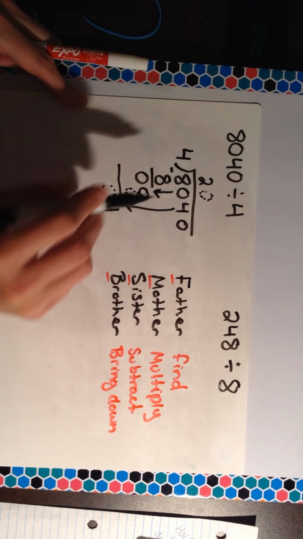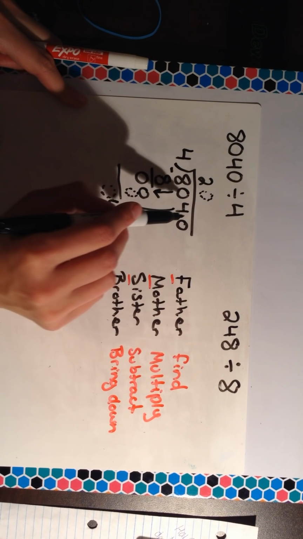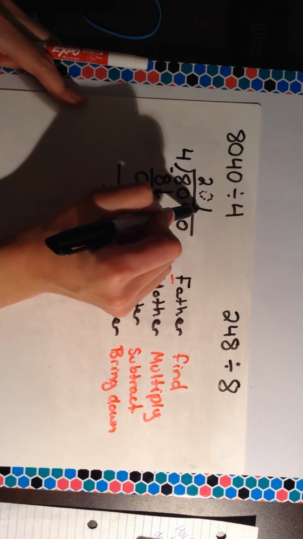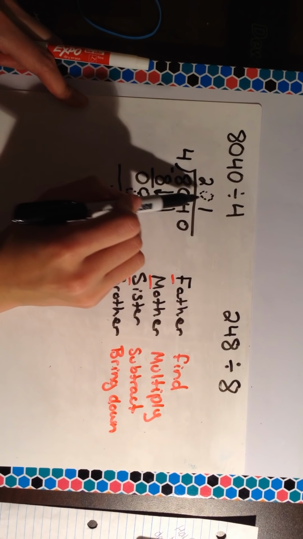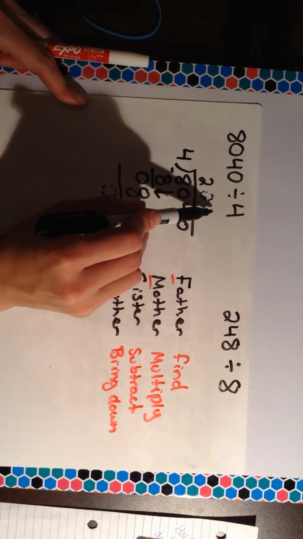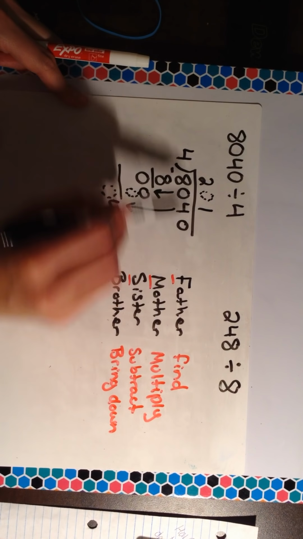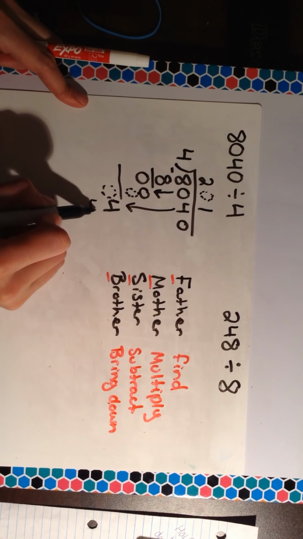So now I'm thinking, how many times does 4 go into 40, or 4 go into this 4? And I want to put the 1 here. I don't want to put it over the other place value, so I have to remember that this is still a step. 4 goes into 4 once, father, find. Now we're on mother, multiply. 4 times 1 is 4.